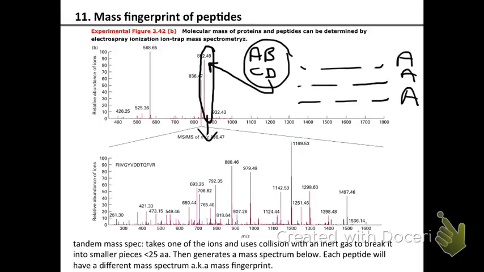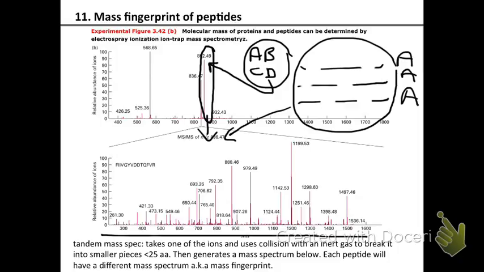Now, it takes all of these peptides, which is basically, again, a collection of different ions, and it repeats the mass spec. And it's going to generate a second mass spectrum. And in this second mass spectrum, you're going to have the signal coming from each of these broken peptides.